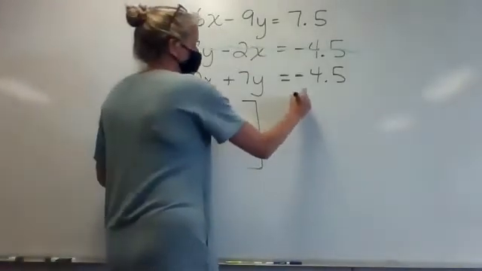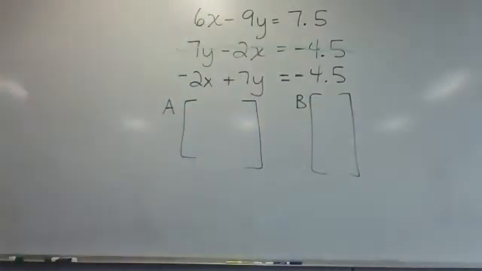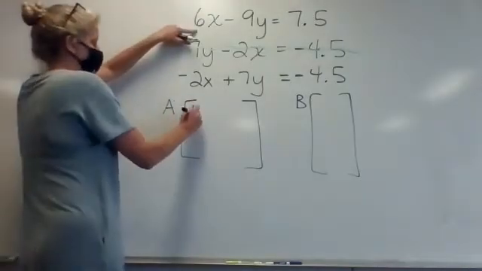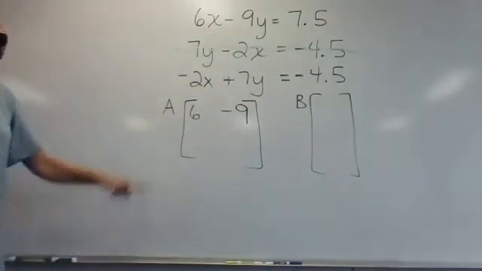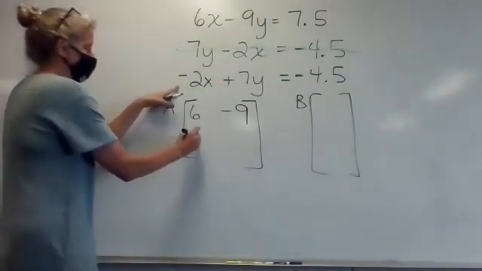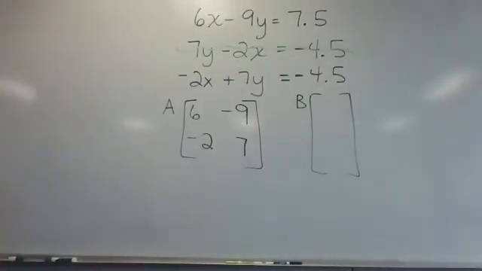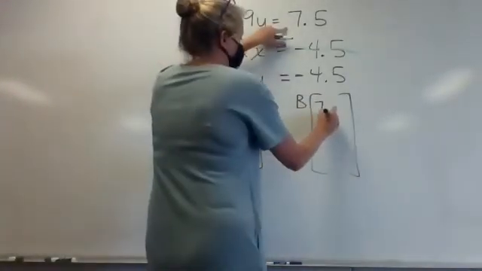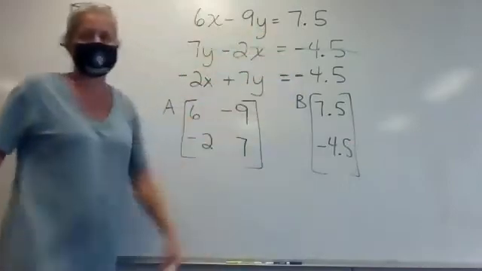Matrix A, matrix B. A is going to be 6, -9. And then remember, you flip-flop these. So now you got -2, 7. Matrix B is going to be 7.5 and -4.5.